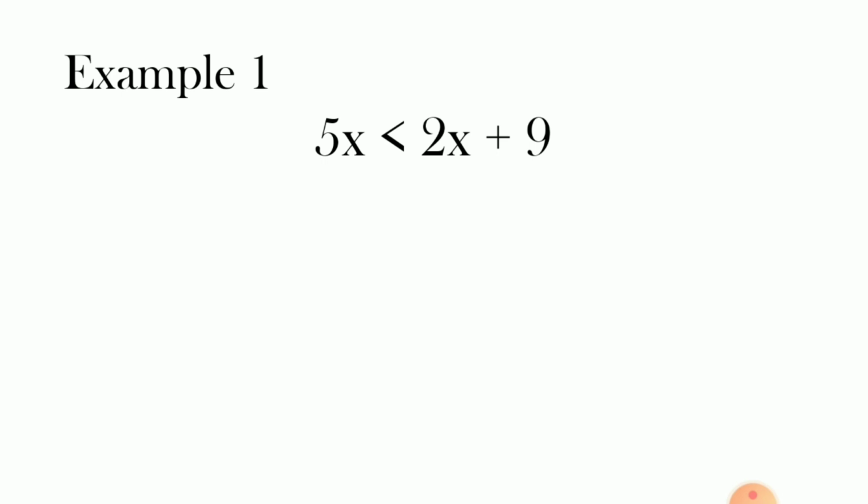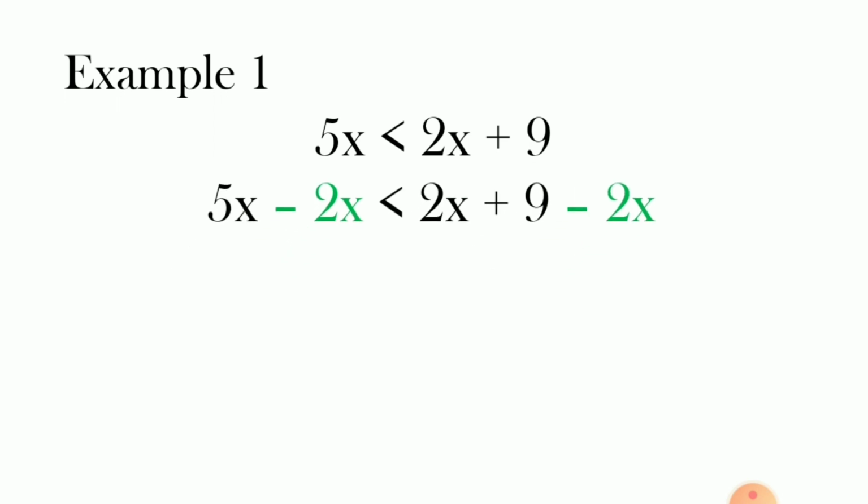So let us subtract 2x on both sides of the inequality. That is, 5x minus 2x is less than 2x plus 9 minus 2x. So 5x minus 2x, that is 3x. Then on the right side of the inequality, 2x minus 2x is 0.